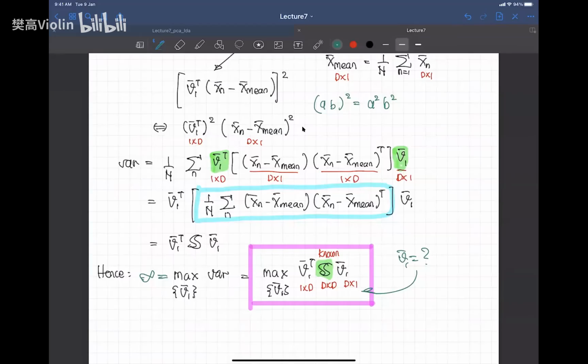Well, the easiest one is that we can find V1 when the magnitude of this equals infinite. This is called a trivial solution. Any V1, as long as the magnitude is infinite, will be the answer.